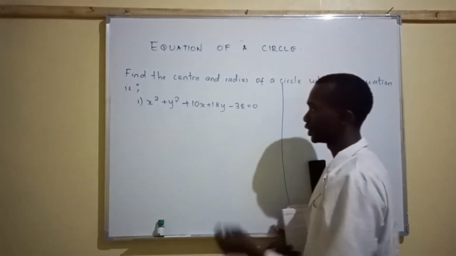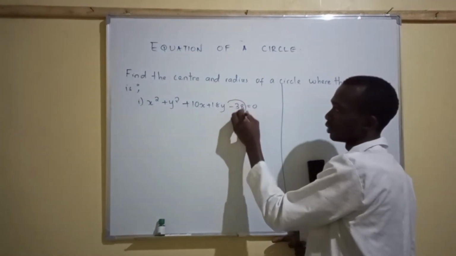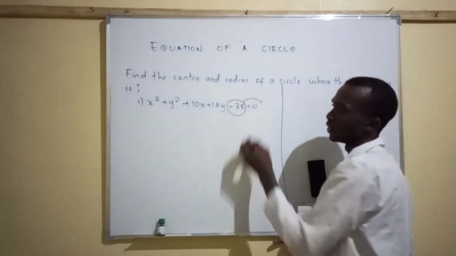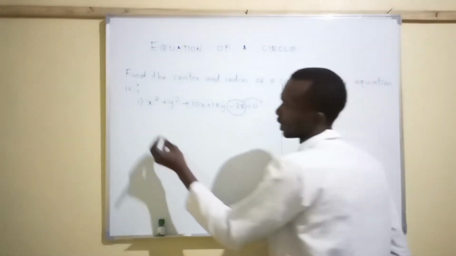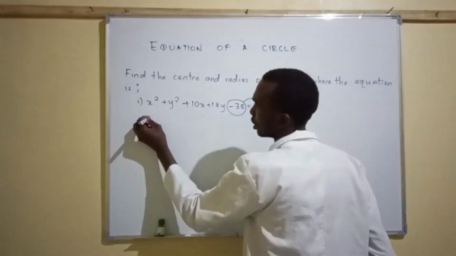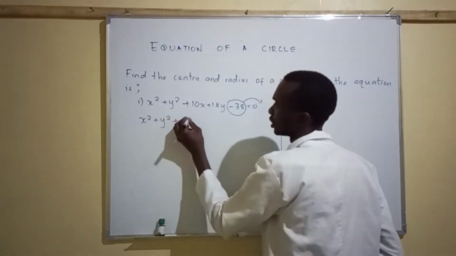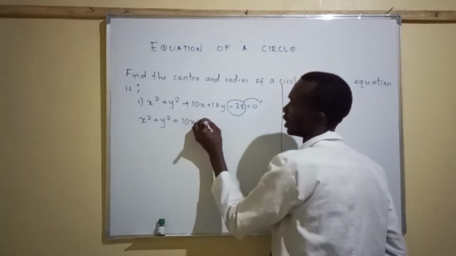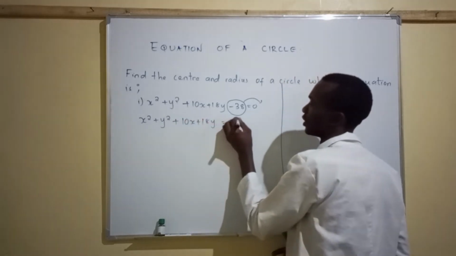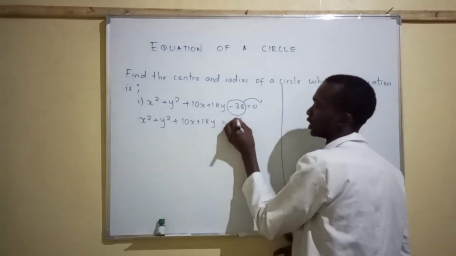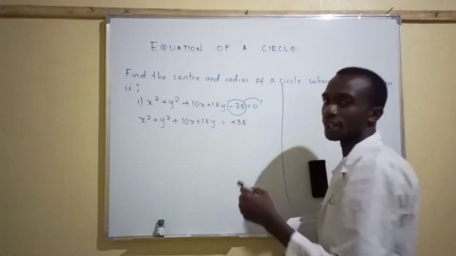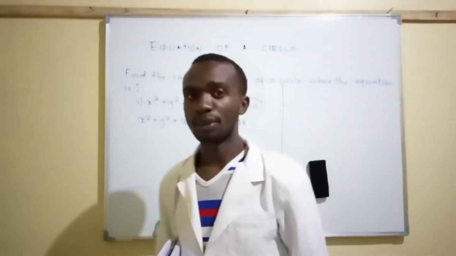Now, the first procedure is to take the constant term to the other side of the equation, which becomes x squared plus y squared plus 10x plus 18y is equal to negative 38, which is plus 38. When a negative sign crosses the equal sign, it becomes a positive sign.